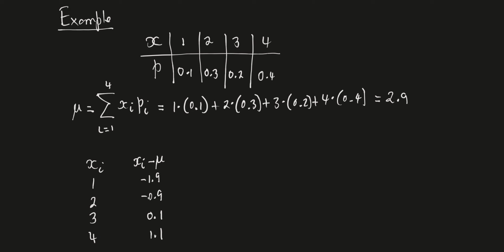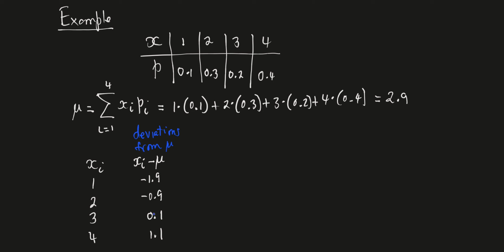So this column here, literally when we take each x and subtract the mean, these are sometimes referred to as the deviations. So these are deviations from the mean. And essentially, it is a signed difference, basically saying that some are positive, some are negative. And the fact that this is negative means that this possible value of x is less than our theoretical mean.